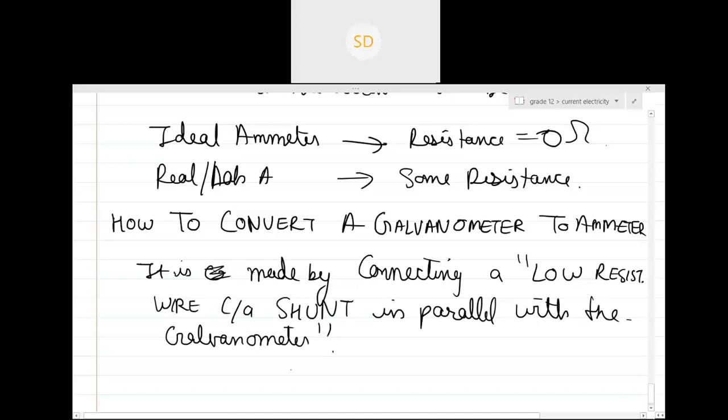So basically, you connect it with a low resistance wire. इसका नाम भी दे दिया shunt wire, and it is always in parallel with the galvanometer.